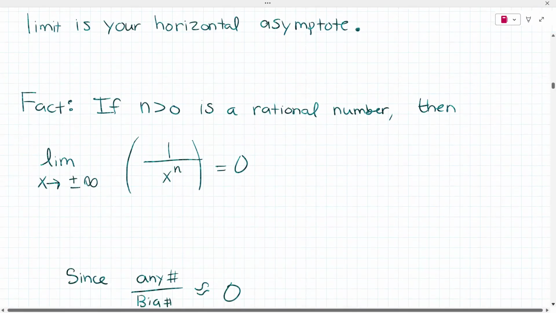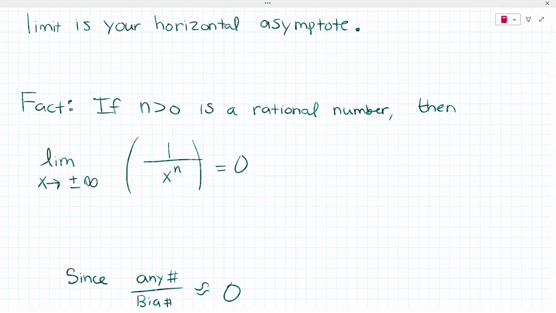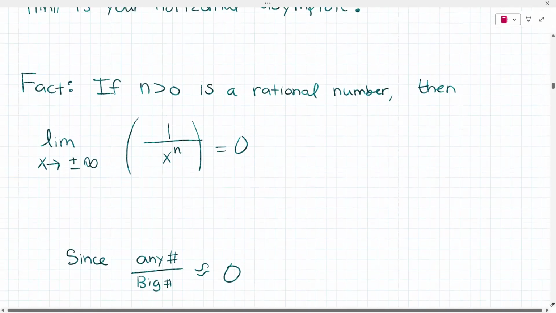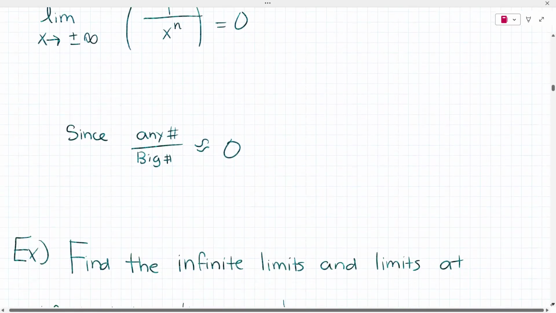Fact: if n is greater than zero and rational, then the limit as x approaches positive or negative infinity of 1 over x to the n equals 0, since any number divided by a very large number gets really close to 0.